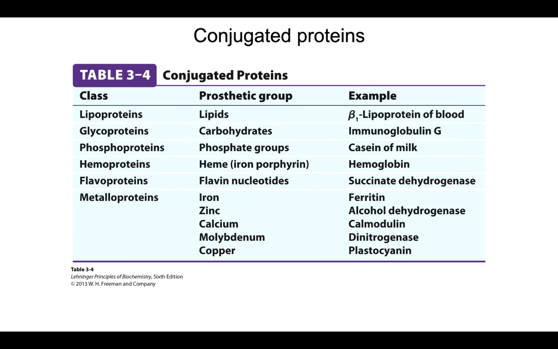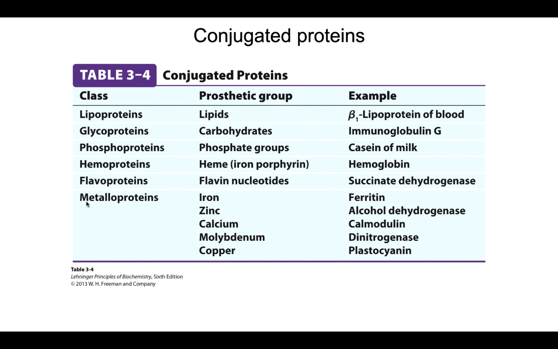Proteins will also have stuff connected to them. So after they've been translated, there will be things that are covalently bound to them. There are lipoproteins that have lipids bound to them. Glycoproteins have carbohydrates. Phosphoproteins have phosphate groups. Heme proteins have heme groups. Flavoproteins have flavin nucleotides.